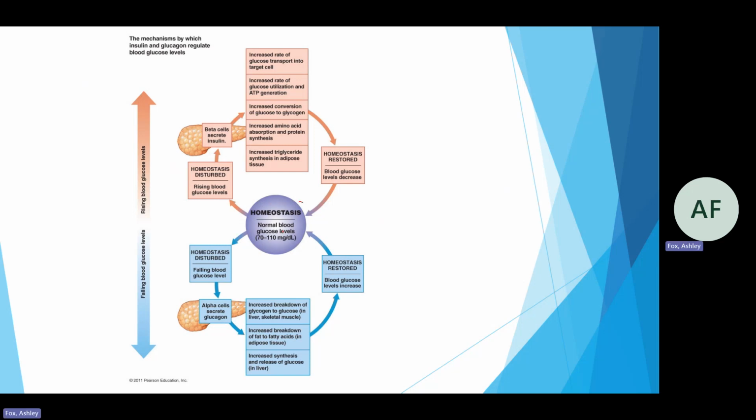So just looking at homeostasis, normal blood glucose levels are 70 to 110-ish. If you have rising blood glucose levels, then you're going to release insulin from those beta cells. Then you're going to increase glucose moving into the cells. You're going to increase the rate of glucose being used to make ATP. Anything left over that's not made into ATP, you're going to transform to glycogen and store it.